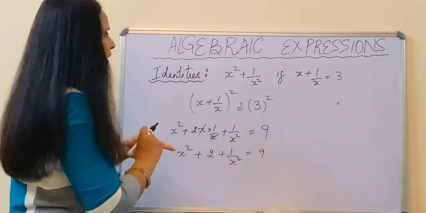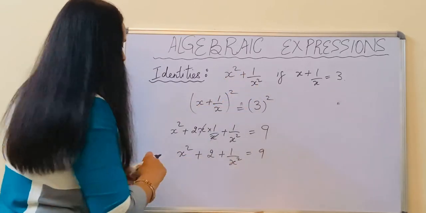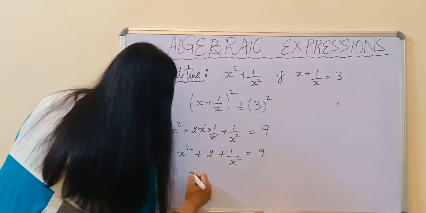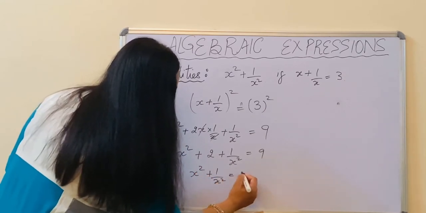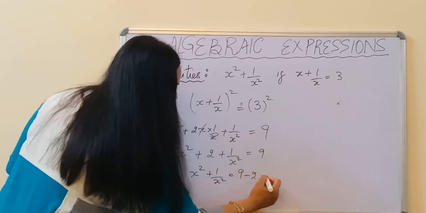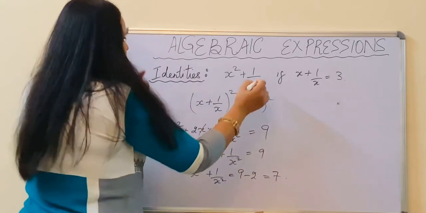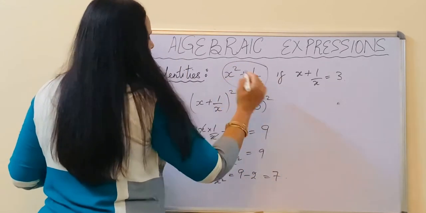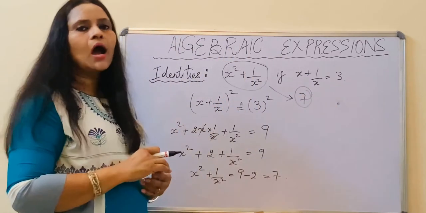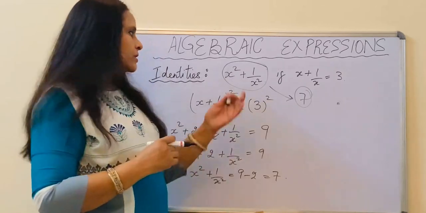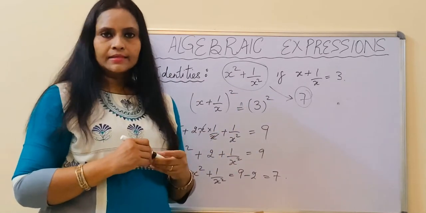Now we have to get the value of x square plus 1 by x square. So this comes out to be 9 minus 2, which is equal to 7. So the value comes out to be 7. See how easy it is with these identities.